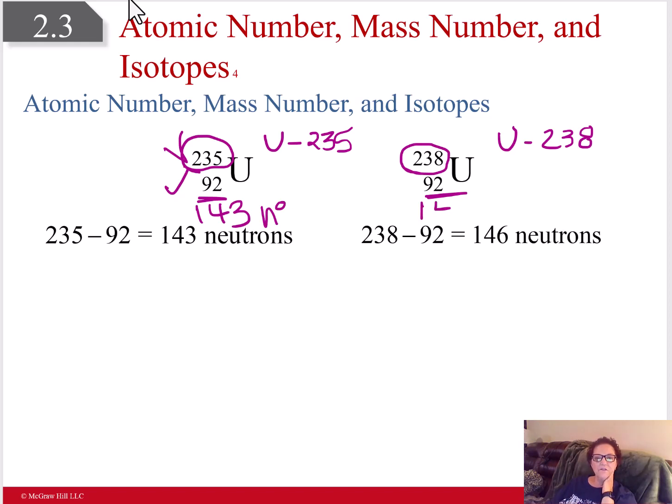Notice that there are 143 neutrons in U-235, but 146 in U-238. The only difference between these two isotopes is how many neutrons there are.